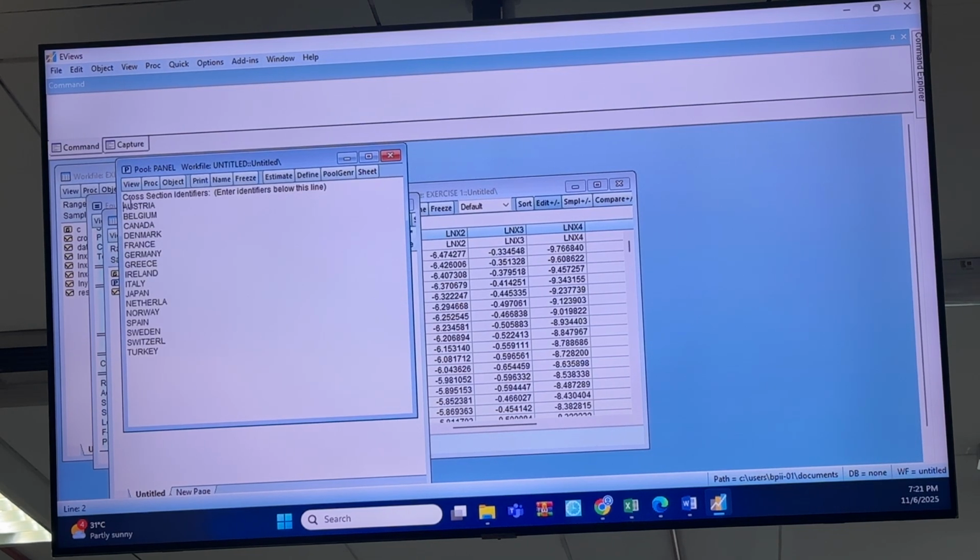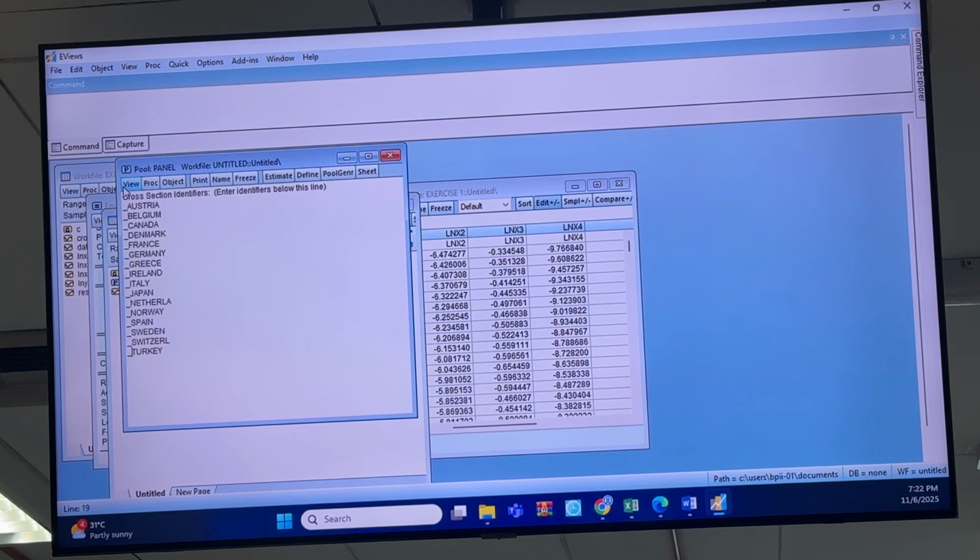If you forget, you can refer back to your lecture note, right? I want to make sure every one of you knows how to do the analysis for panel before leaving this.